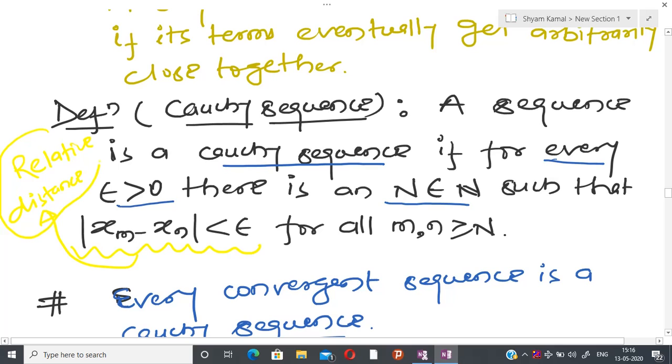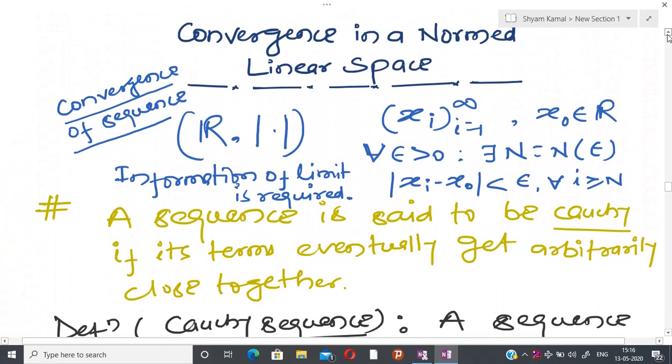When we are just talking about the convergence, I am talking about the absolute distance.